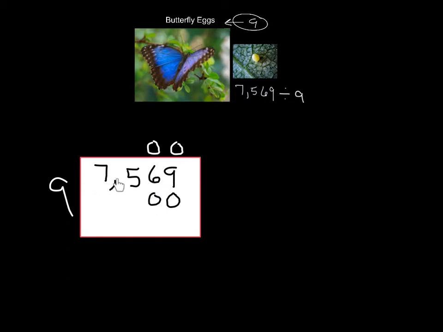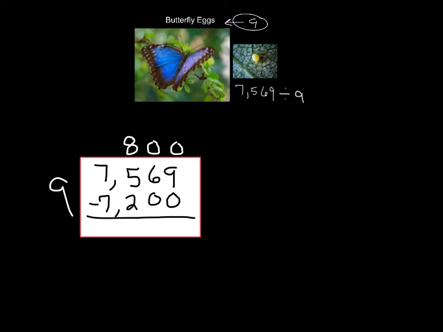So now all I got to do is figure out what times 9 will give me 75, or very close to. And it just so happens that big number 8, that is our number. 8 times 9 will give me 72. So I'm going to plug the 72 in right there. And now I'm ready to subtract.